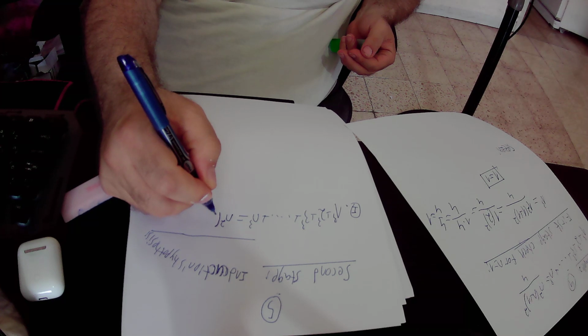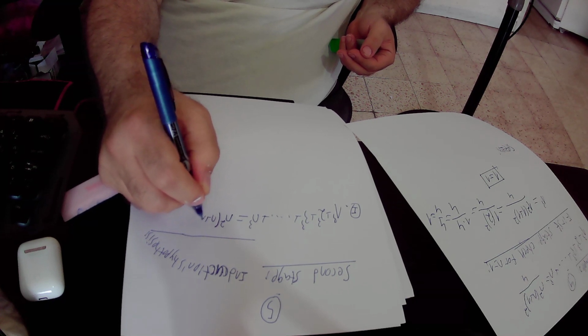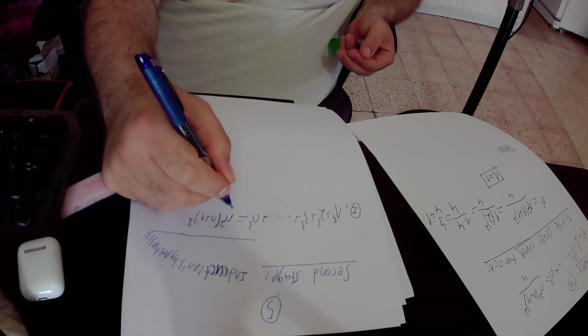In brackets we will have n plus 1 squared, all divided by 4.